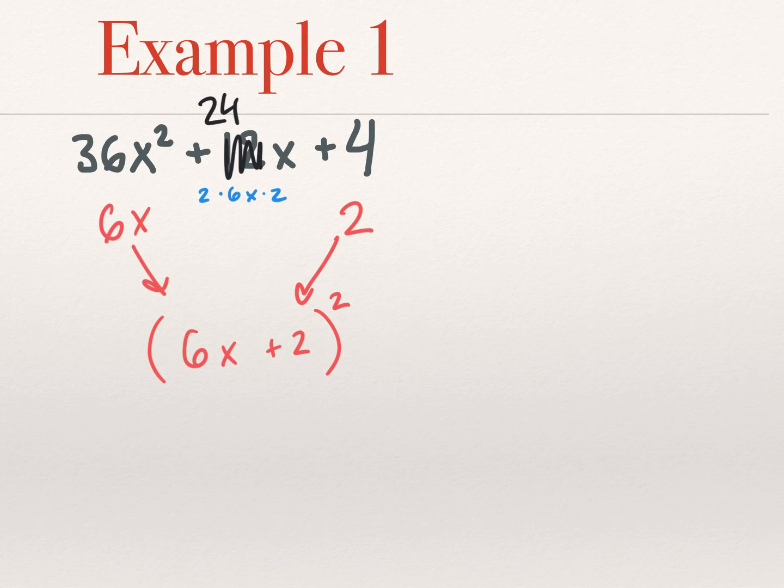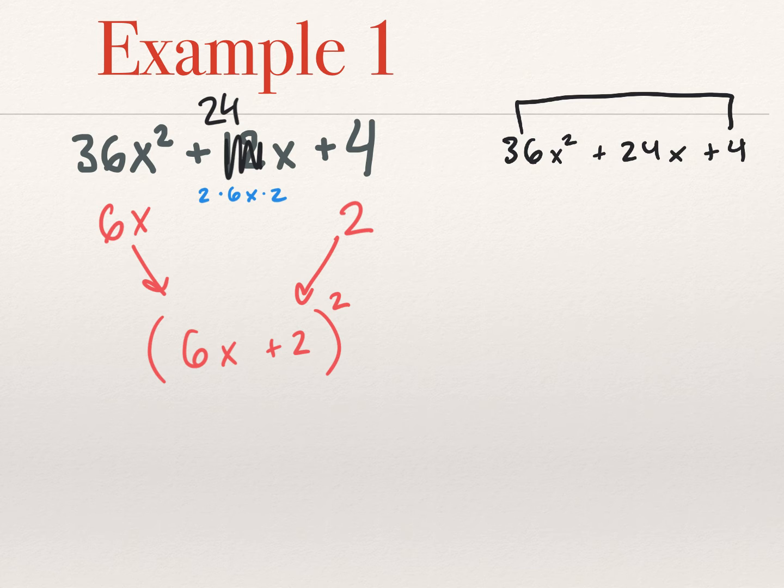So for this one, if we wanted to do it the long way, we would have 36x squared plus 24x plus 4. I would have to multiply the first times the last. So 36 times 4 is 144. Two factors of 144 that add to 24, 12 and 12. So then in my parentheses, I would have x plus 12, x plus 12.